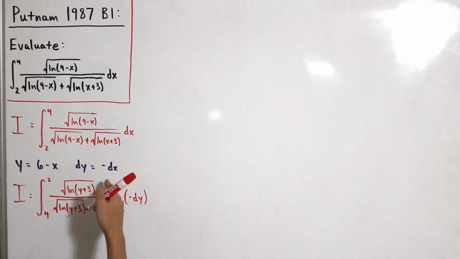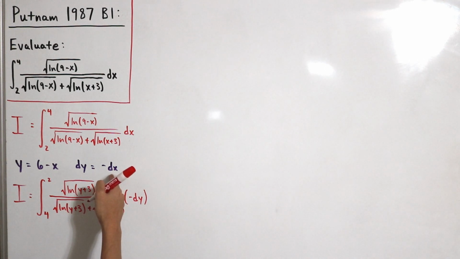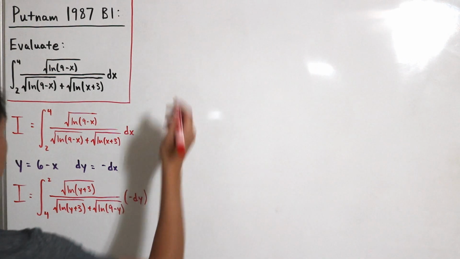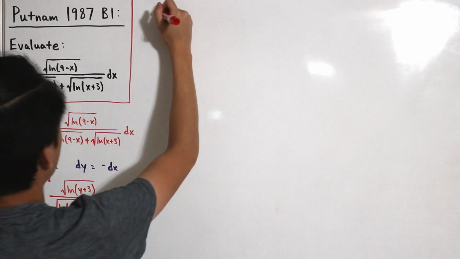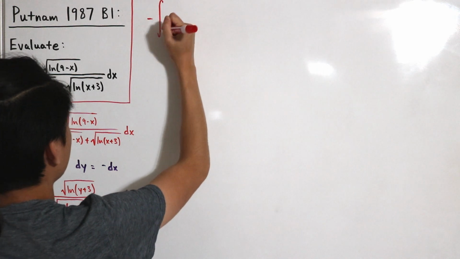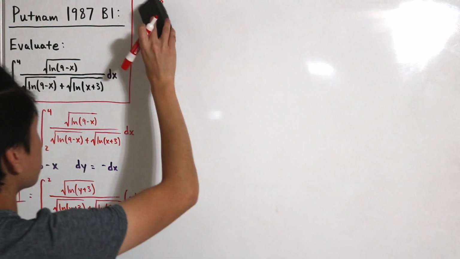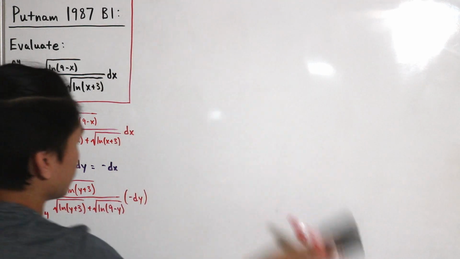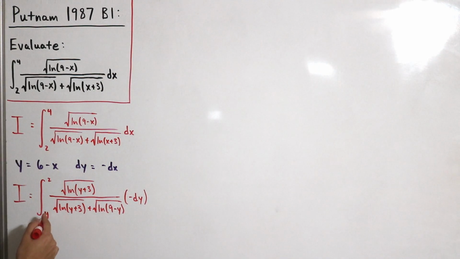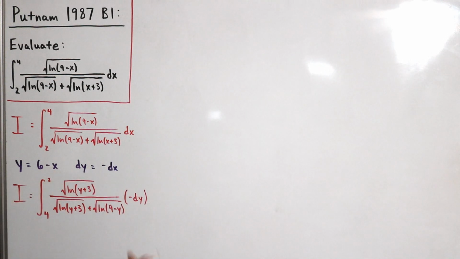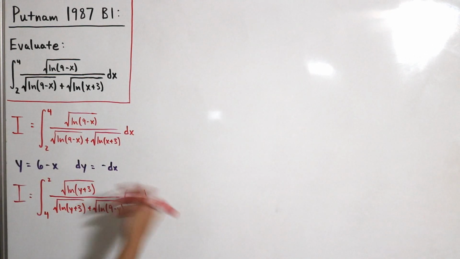I can get rid of this negative, because the upper bound and lower bound are in the wrong order, so we switch our bounds, which replaces and excludes the negative.